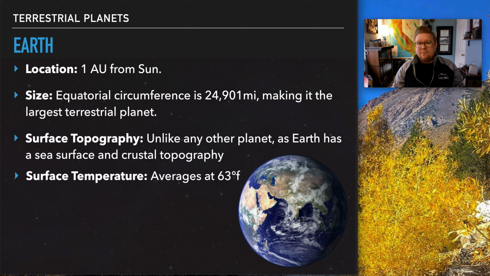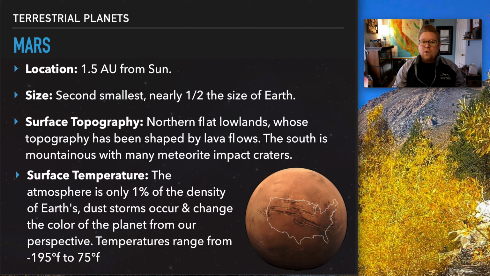Next planet will be Mars, and Mars is about 1.5 astronomical units from the sun. It's the second smallest, only about half the size of the Earth. What's interesting is its surface topography: in the northern region of the planet are lowlands, shaped by lava flows. The southern region is more mountainous, with an incredible amount of meteor impacts and large craters. I found this cheesy image where North America is placed on the planet to put it in perspective.